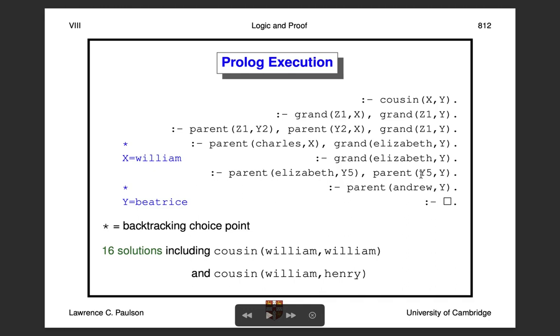So we finally have to show parent Andrew something, and the first choice that will come up for that is Beatrice. And we have now proved the original theorem. Or you could put it this way, because the original theorem is, I guess, to show that there exists an x and y such that cousin xy.